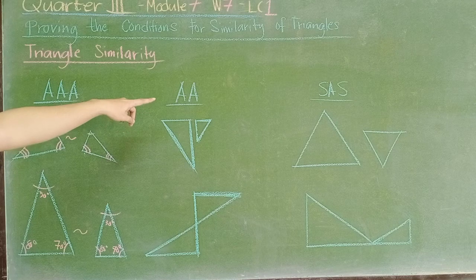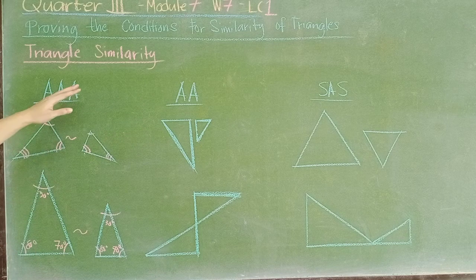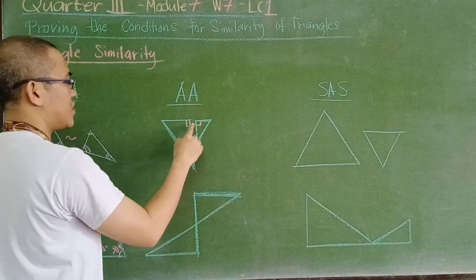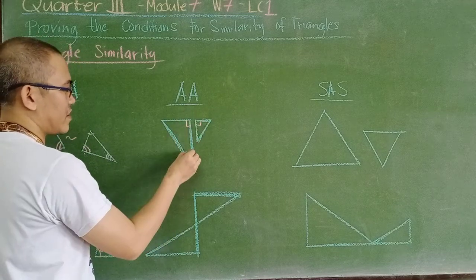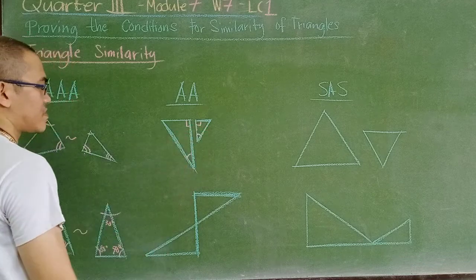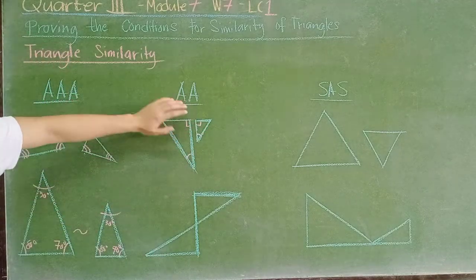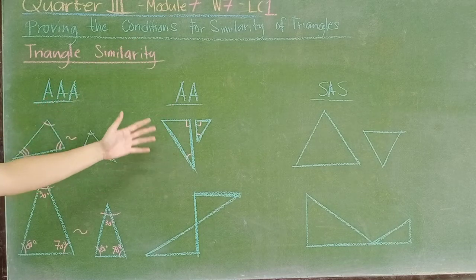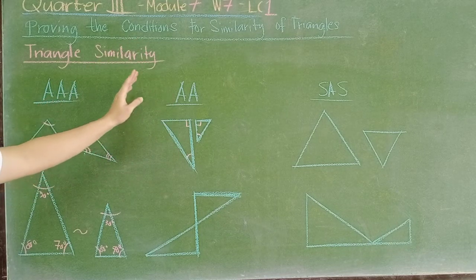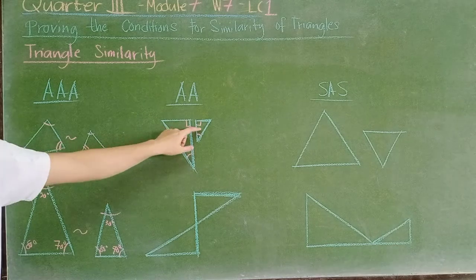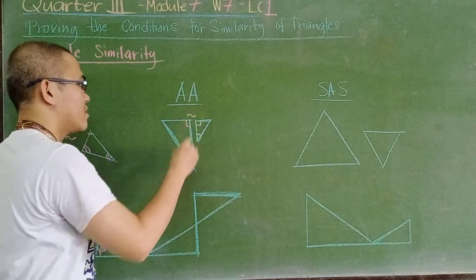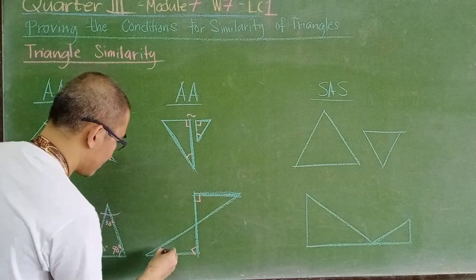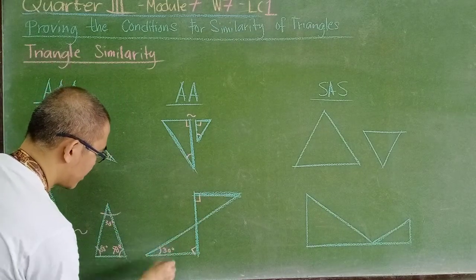Dito naman sa may AA, bawasan mo lang ng isang angle. Let's say, these two angles are congruent. So dito naman sa may AA, meron kang dalawang given na angles na congruent. So pag meron kang dalawang pares na angle na congruent, ibig sabihin, itong dalawang triangle na to, similar sila. So let's say, this one, tapos ito, 30.